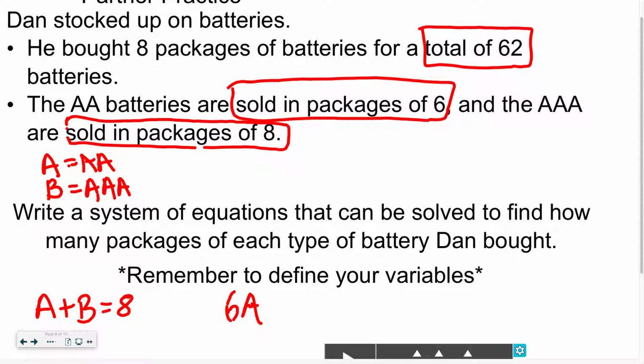So why does that matter when we put it in with the 6? Double A batteries are sold in packages of 6. Right, the AA batteries are sold in packages of 6. So this is where the variable and the coefficient are really, really important. Good. Okay. 6A plus 8B, good, equals 62.